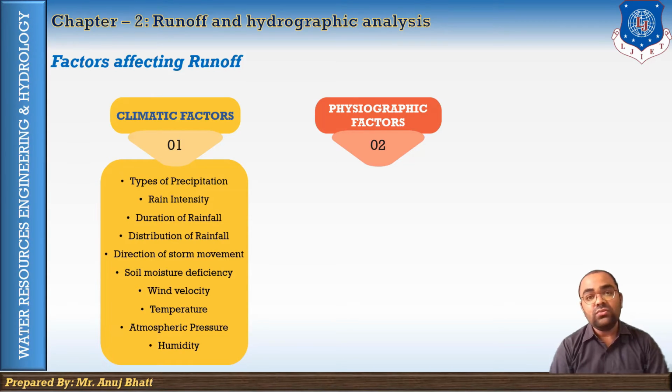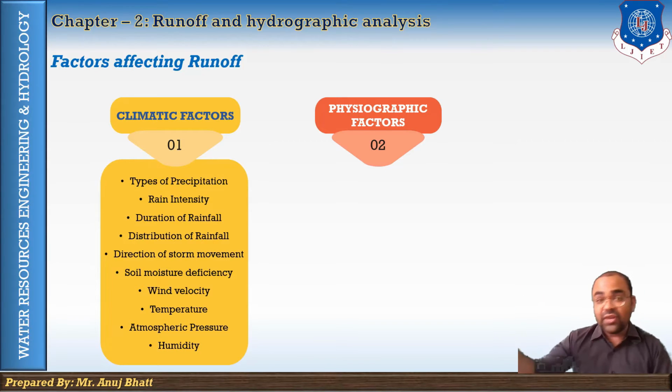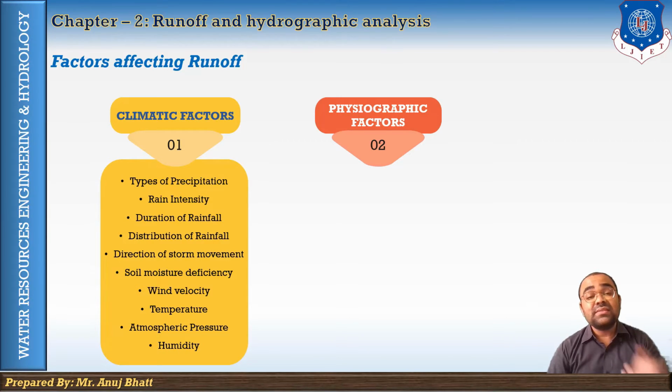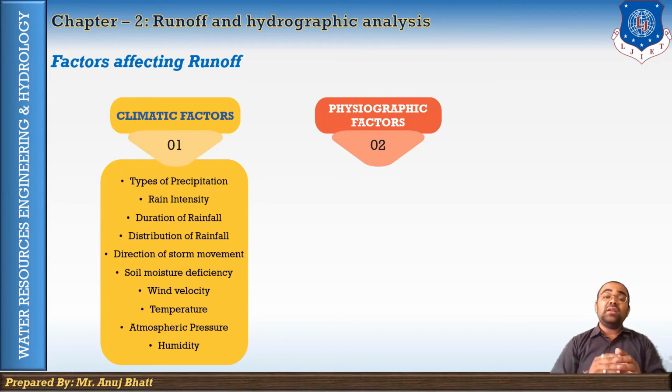The variation of the pressure in the atmosphere helps the movement of the storm that causes the rainfall. Now, if the direction of the storm is the same as the direction of flow in the drainage basin, then the water will remain in the basin for a lesser period and hence the runoff will be produced in a short duration.